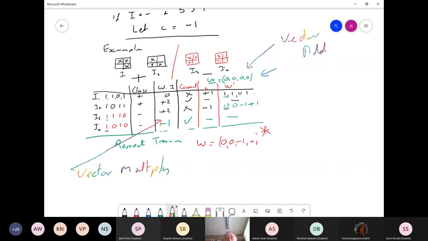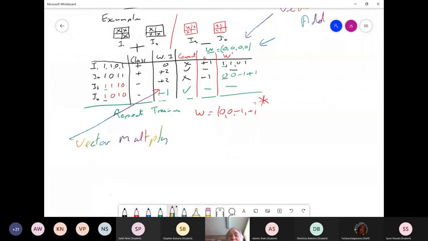And last week I got confused and I made a mistake, but the first iteration from last week's notes was correct. So C is plus 1. I add the current input pattern to the current weight vector, which is this 0 weight vector plus this pattern. In fact, this pattern now becomes the updated weight vector.